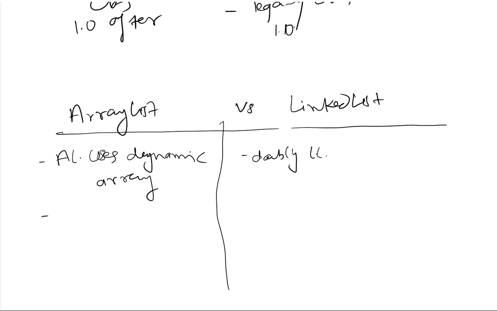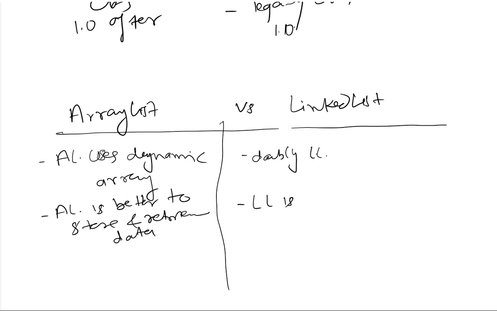So ArrayList is better to store and retrieve the data, whereas LinkedList is better to manipulate the data. So this is one important difference, right?